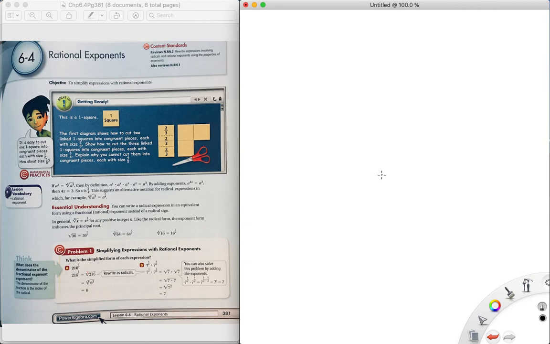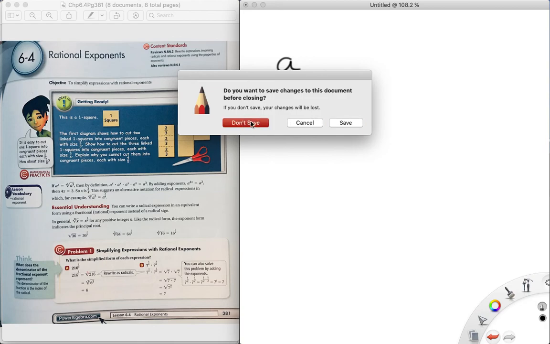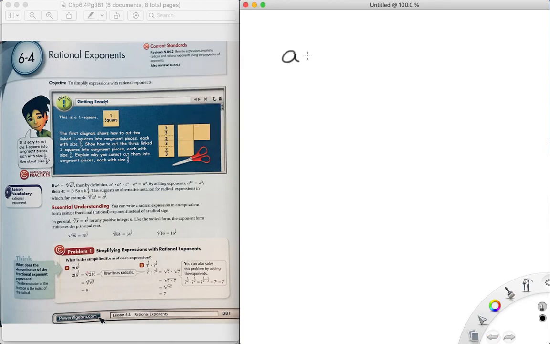Okay, so if I had some variable square rooted, I can write it as a rational exponent, meaning instead of writing it as a square root with the radical symbol, I can write it with a fraction.